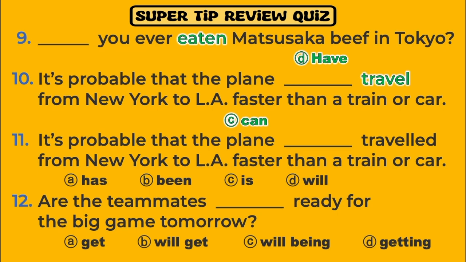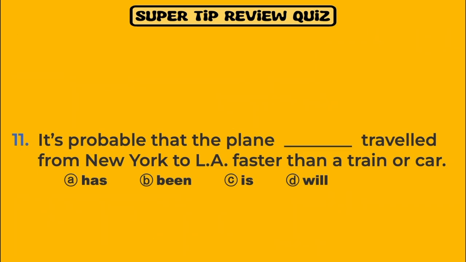Number 11, compare it for a moment. It's the same as number 10, except for the signal word. In number 11, our signal word is traveled. Traveled is verb 2 or verb 3. We don't care about verb 2 for this stuff. We care about verb 3.